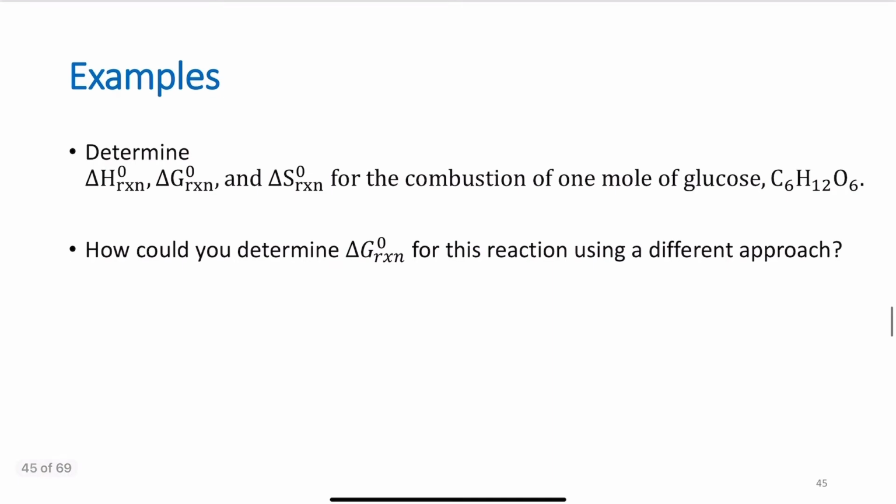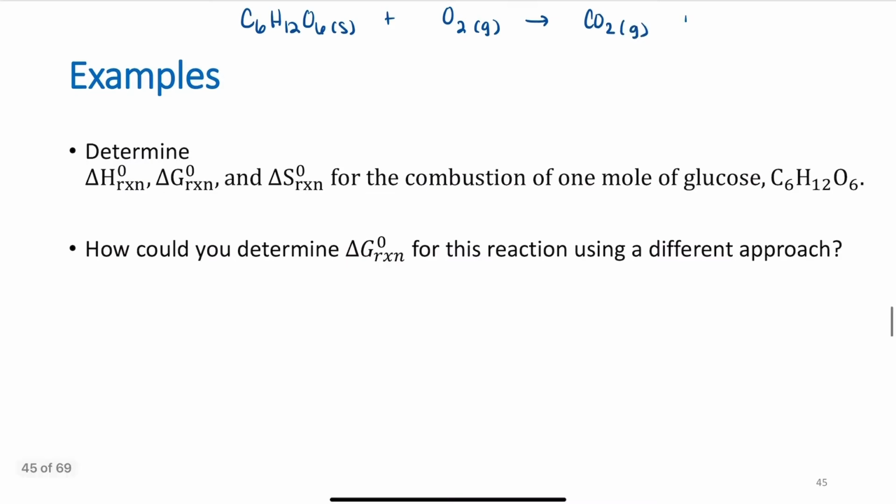So let's work a couple examples. Determine delta H, delta G, and delta S for the combustion of 1 mole of glucose, C6H12O6. Okay, combusting glucose. C6H12O6 solid plus O2 gas gives me CO2 gas plus H2O liquid. Need to balance this thing.